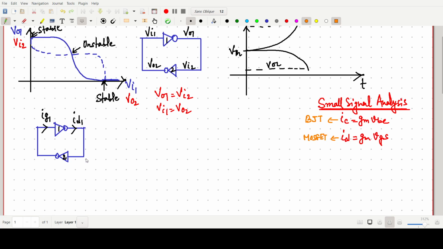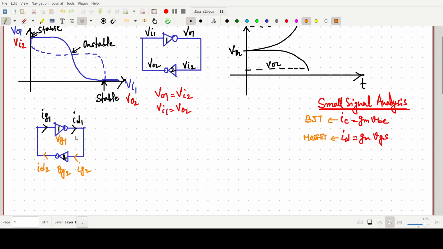One more thing, this one has an inverter circuit in which the gates of the NMOS and PMOS are connected, and we are giving some voltage, we can say VG1, and here VG2, and this current is simply IG2, and we are doing this with small signal analysis.